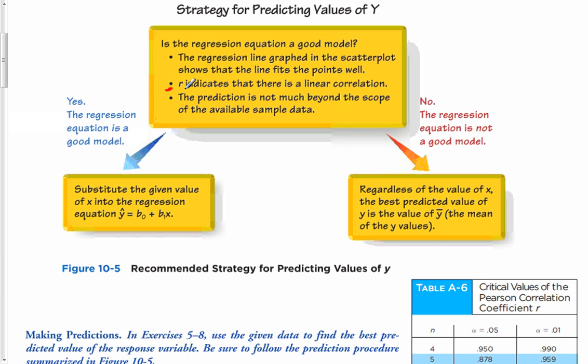Basically, that's the most important one. You have to make sure that there is actually a linear correlation and use the linear correlation coefficient R for that. The third one, the prediction is not much beyond the scope of the available sample data.